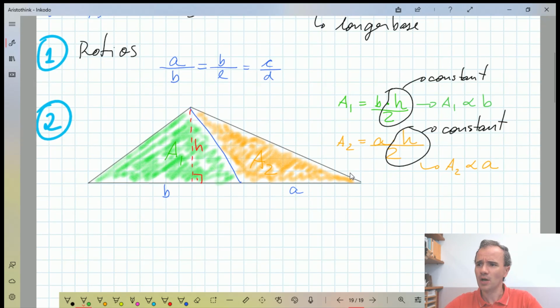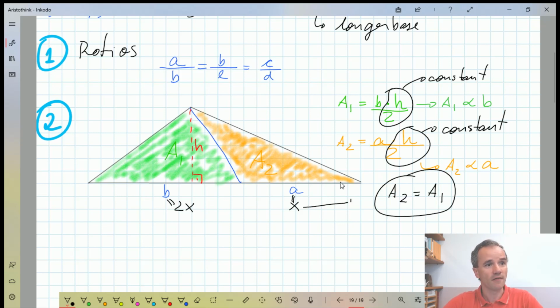Let me just give a brief example. Let's say that A is x, and B is 2x. Well, if this length is twice this length, that means that area 2 is going to be twice area 1, just because of that.